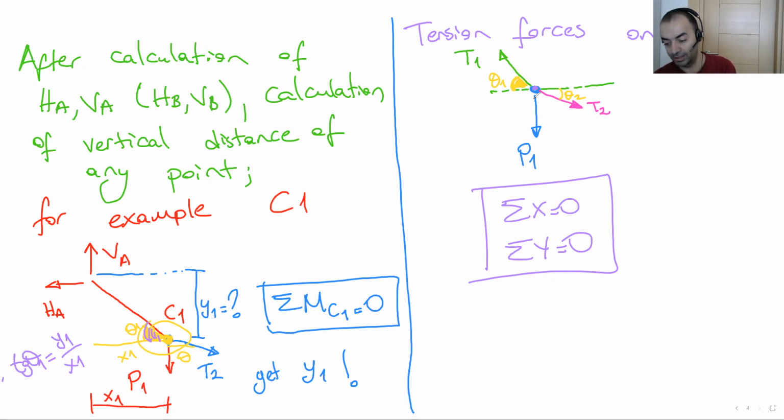Now we have just completed the cables under the point loads. Let's do the cables under the distributed loads. I'd like to complete it in the first session, all the subject and solve problems.